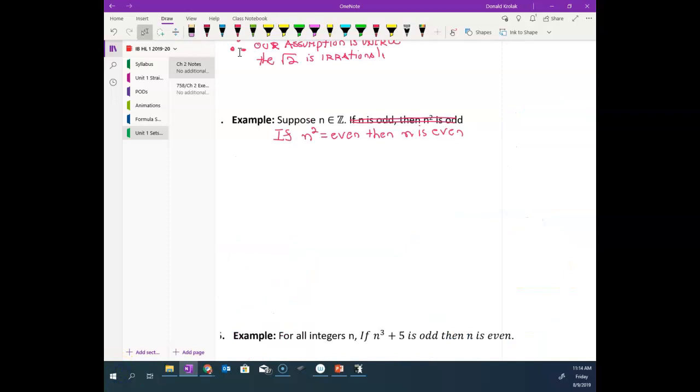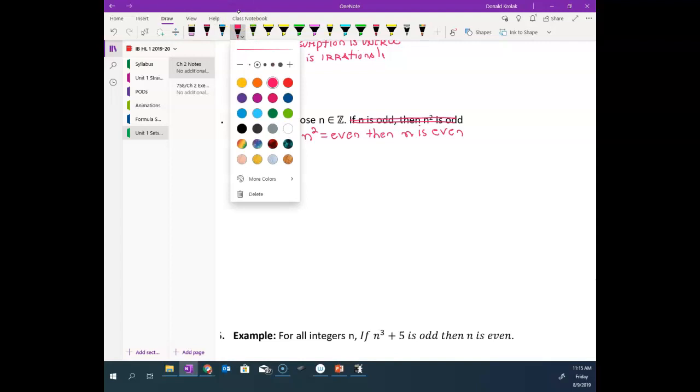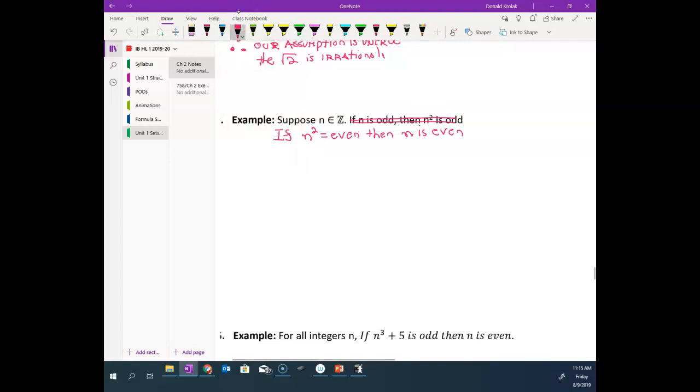All right. So you want to prove, we're going to do this by contradiction. My first statement is going to be, if n squared is even, then n is odd. So I'm going to say suppose n squared is even, but n is odd.